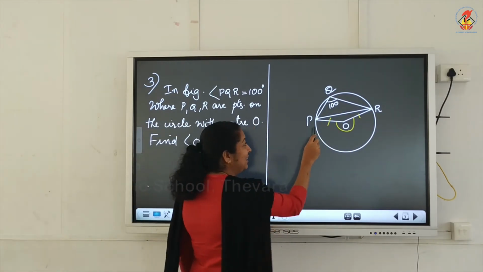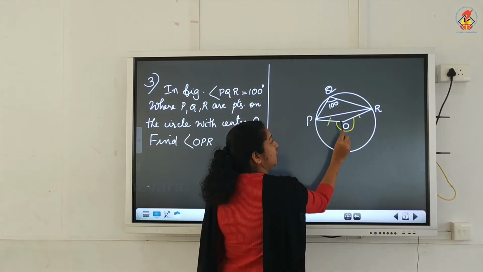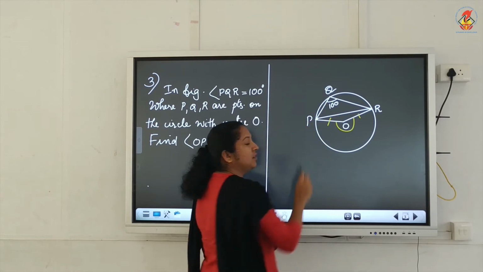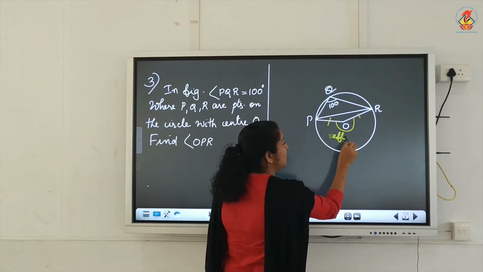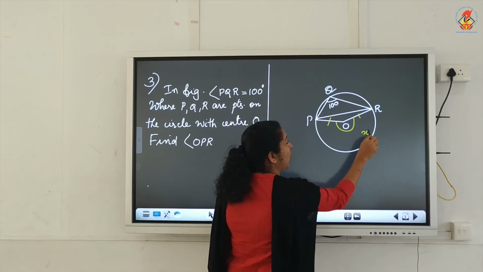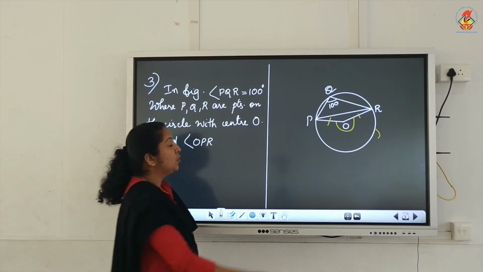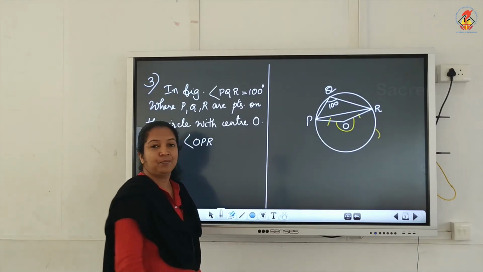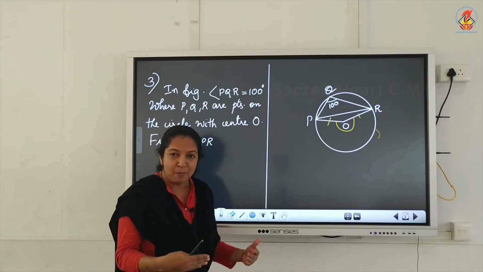We have already learned that this is double of this. What is the name of this angle? This is actually the reflex of angle POR. Reflex of angle POR is equal to 2 times PQR when the arc is major. We have proved that.